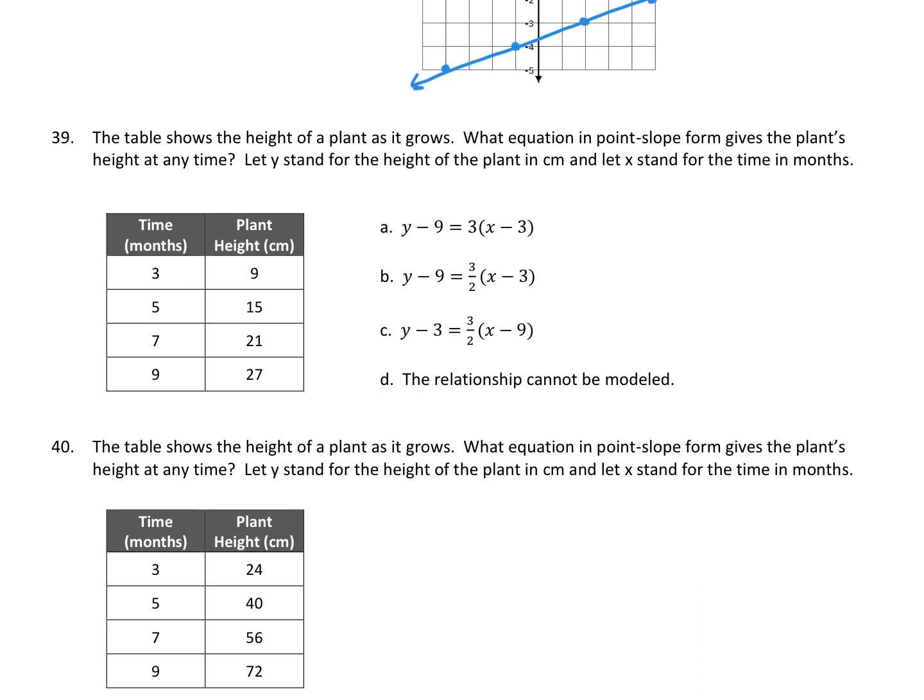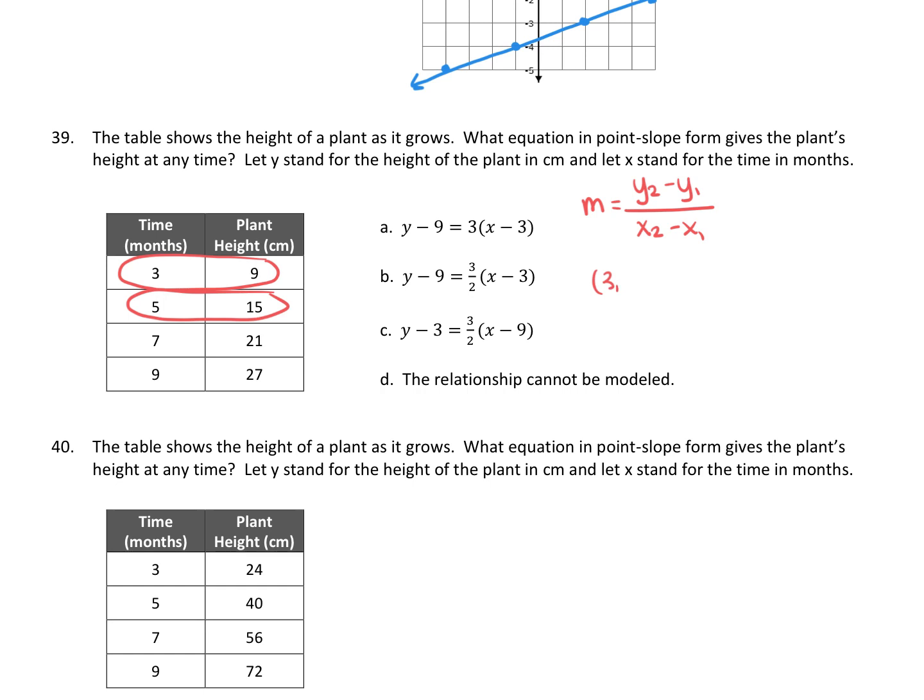Slope formula, when we can't just count the rise over run on a graph, using two ordered pairs, is y2 minus y1 over x2 minus x1. All you need are two ordered pairs. Now, they gave us 4 ordered pairs. You do not have to use all 4 ordered pairs. So just pick 2. Maybe I'll pick (3, 9) and (5, 15).